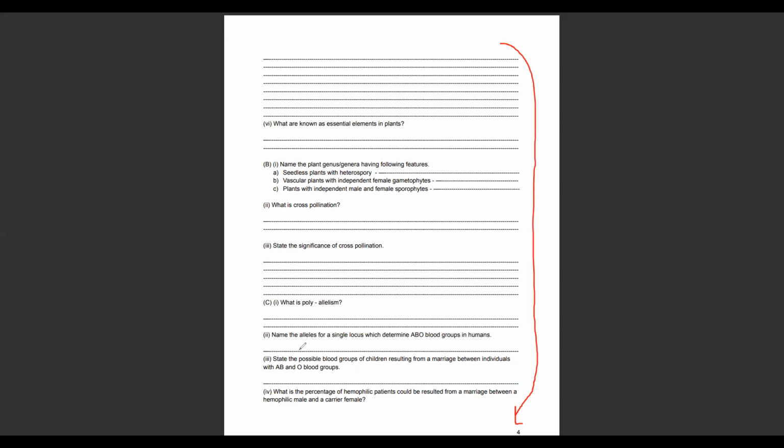First one. Cross pollination results in cross fertilization, right? Second one. Allows swapping of genes within the species.